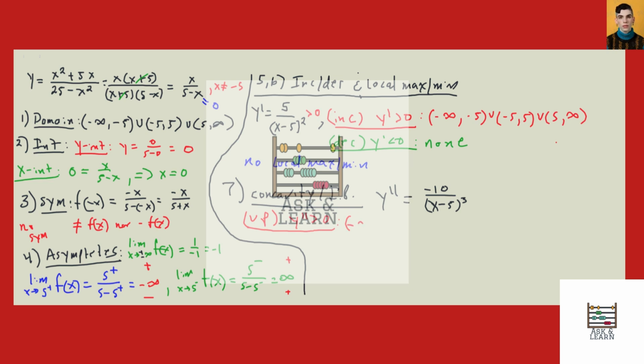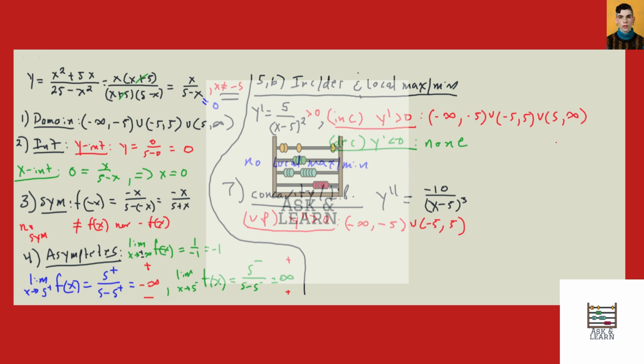So this is going to be negative infinity to negative 5 union negative 5 to 5. And remember, we don't include negative 5 due to us canceling out an x plus 5 term.